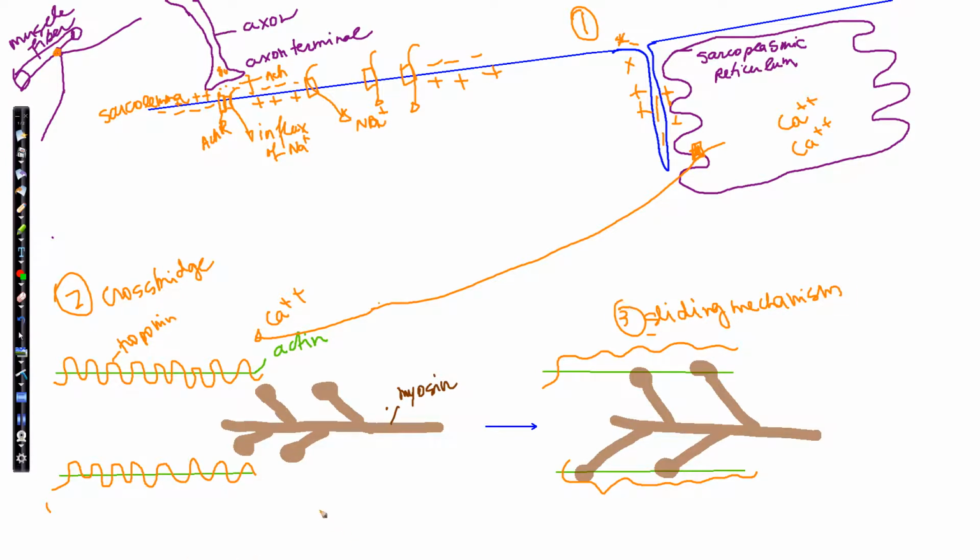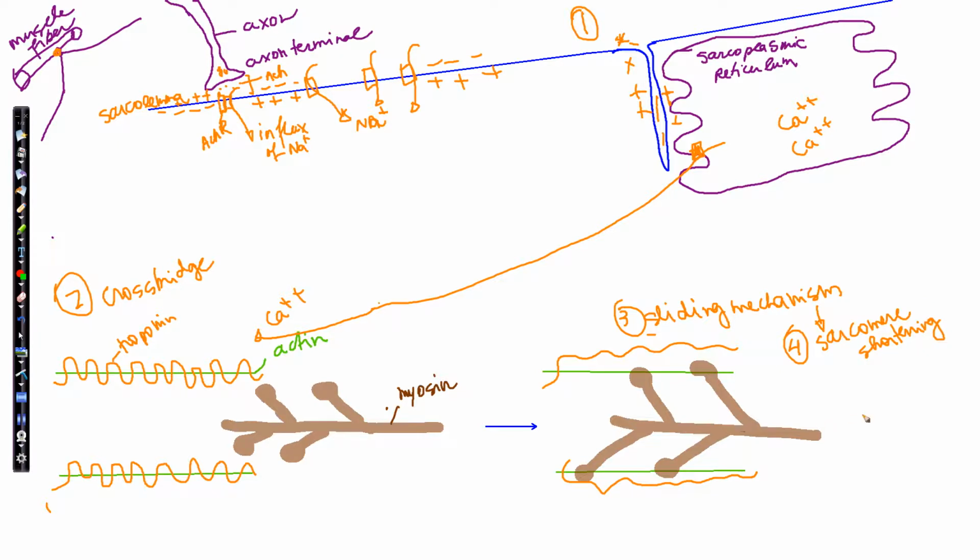You see how here myosin was not aligned with actin, and here they are aligned? So the sliding mechanism leads to a 4th event that is called sarcomere shortening.